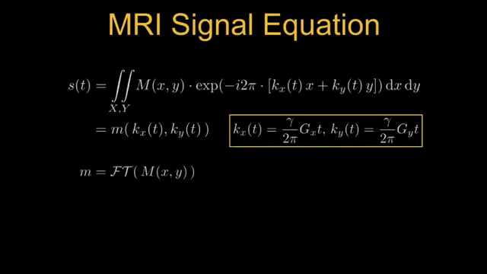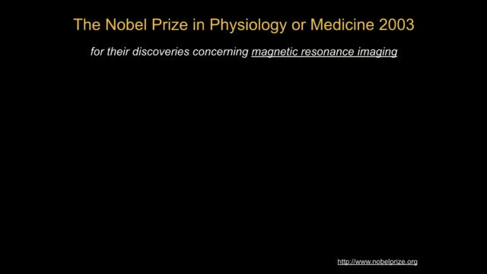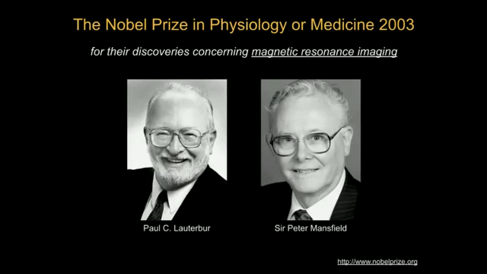And I always love giving this lecture because this is exactly what they awarded the 2003 Nobel Prize for. And this was given for discoveries concerning magnetic resonance imaging to Drs. Lauterbur and Sir Peter Mansfield, because they realized what a gradient does.